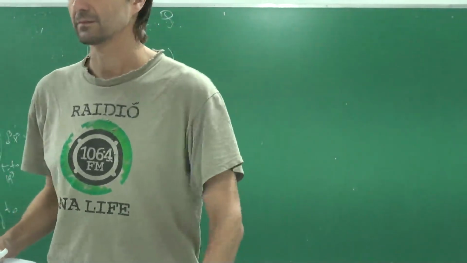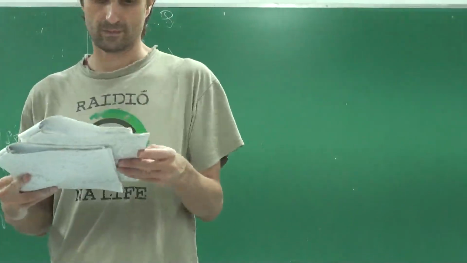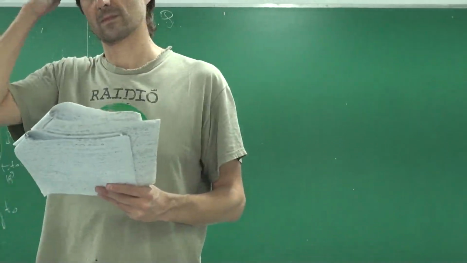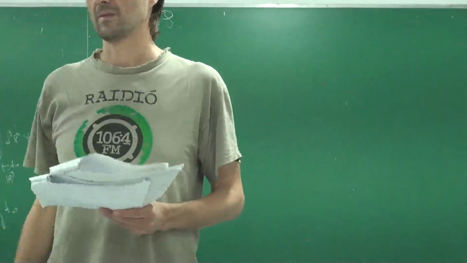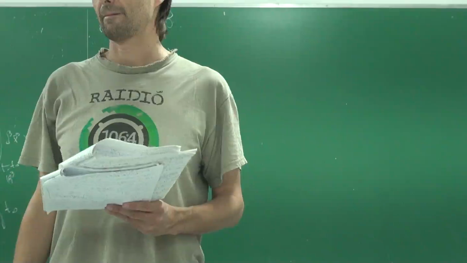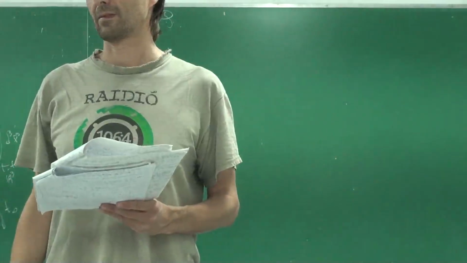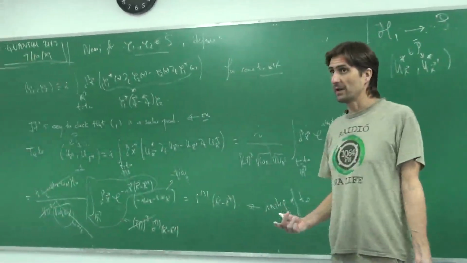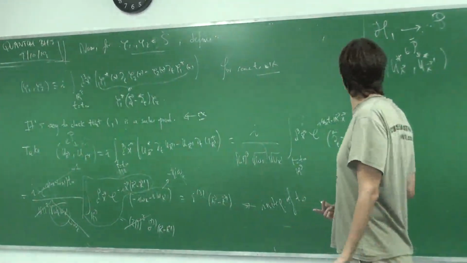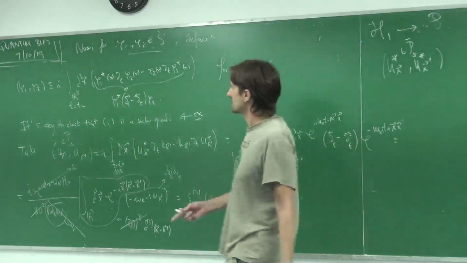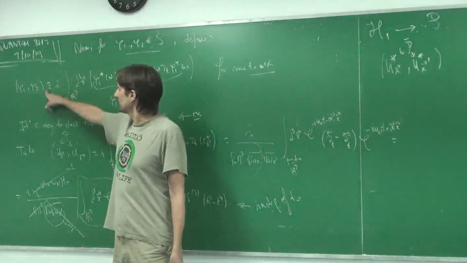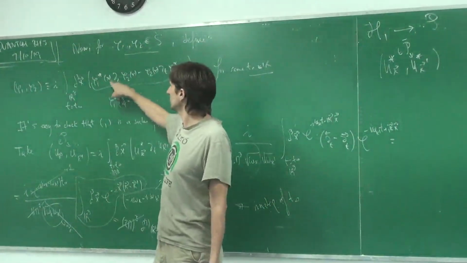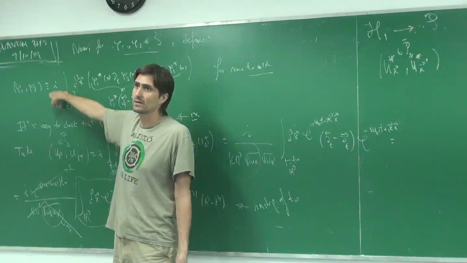Yes. Right? Isn't it similar to the complex conjugate? Well, yes, but you have to be careful about this, because taking the complex conjugate of this is not the same as taking the complex conjugate in phi 1 and phi 2, because there's an i here.